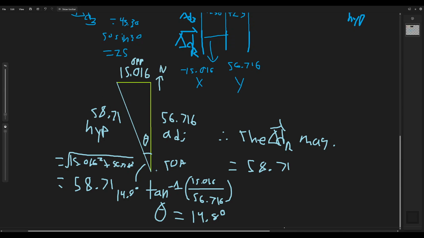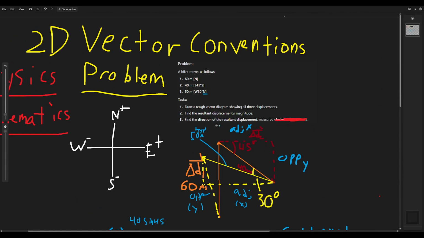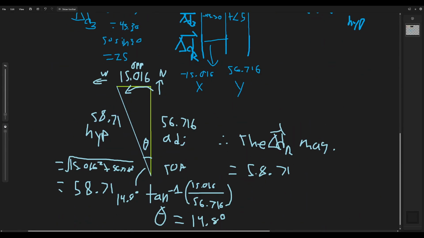What is this direction that it is kind of straying off to? This is west. We can say that we're looking at north, and then we stray 14.8 degrees to the west. And so our final answer for the direction of the resultant displacement, this one kind of already gave us the answer of the direction.